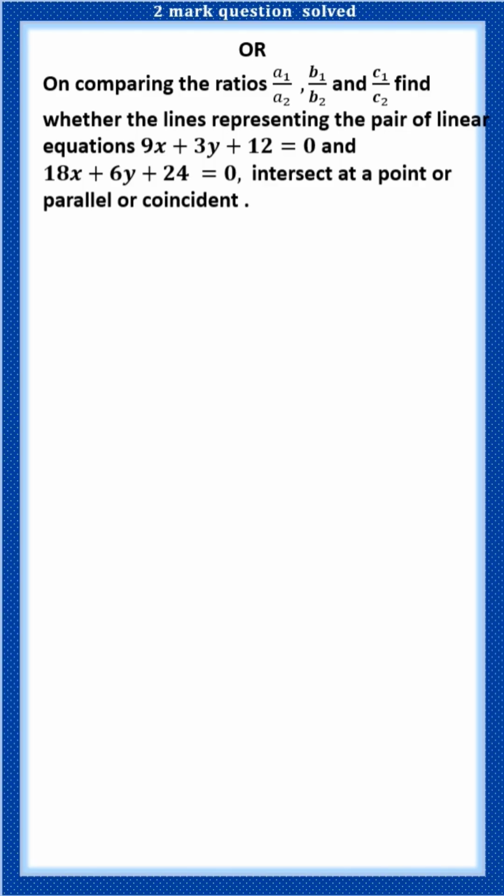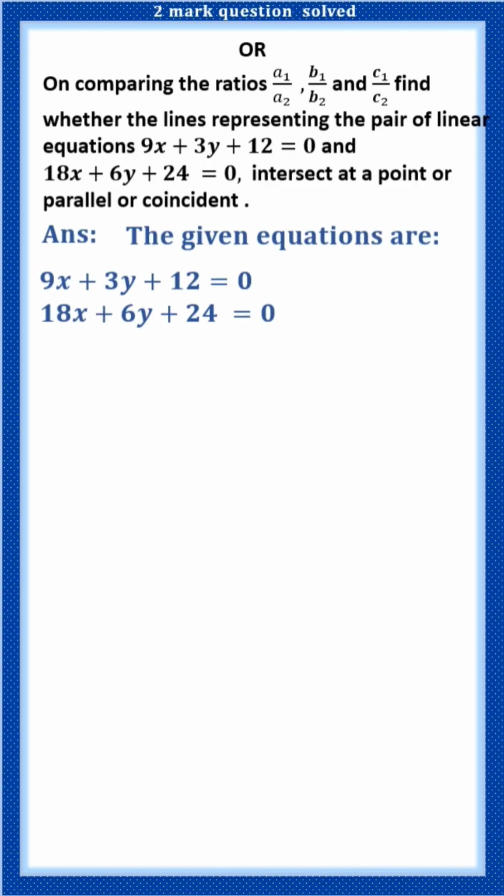The question is also taken from the same chapter, that is a pair of linear equations in two variables. Now what has been given here? Two equations. They are 9x plus 3y plus 12 is equal to 0, 18x plus 6y plus 24 is equal to 0.